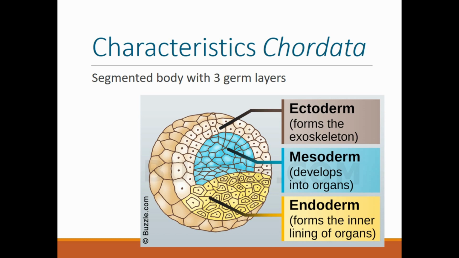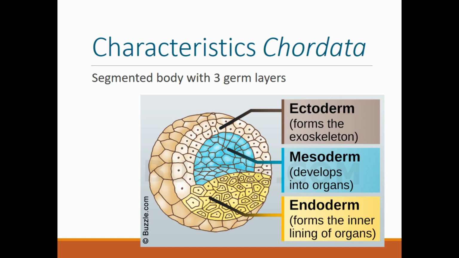All right, next, a characteristic of the Phylum Chordata is they have a segmented body with 3 germ layers. So this takes us to our embryological development. Before we are even an embryo, basically a zygote or ball of cells, our cells will start to layer and differentiate.